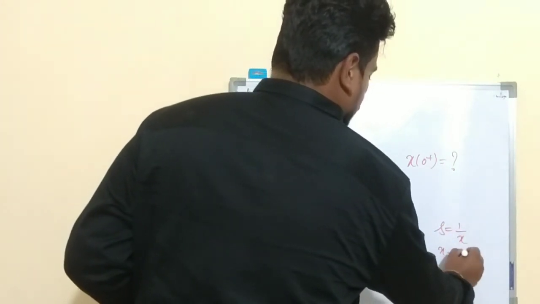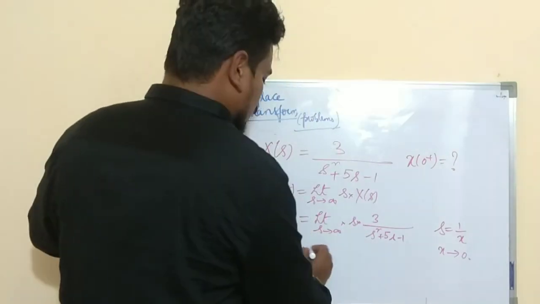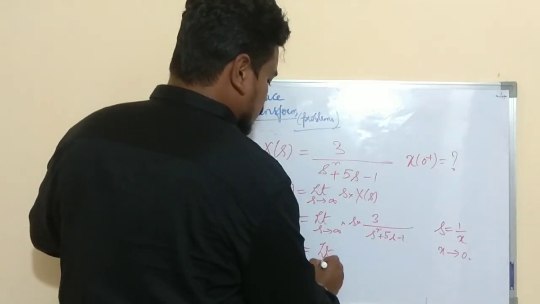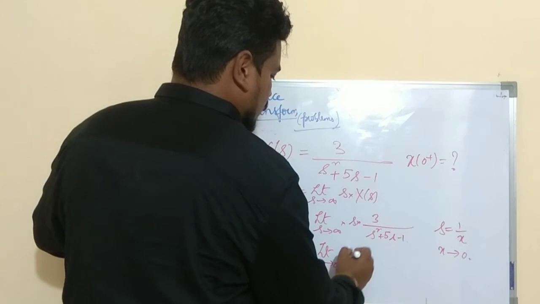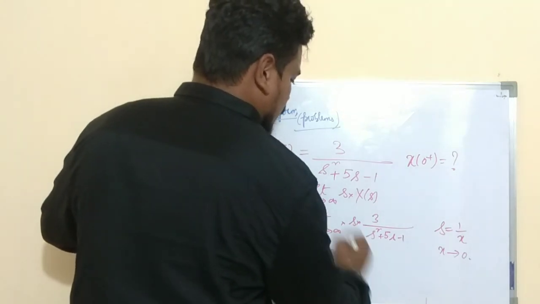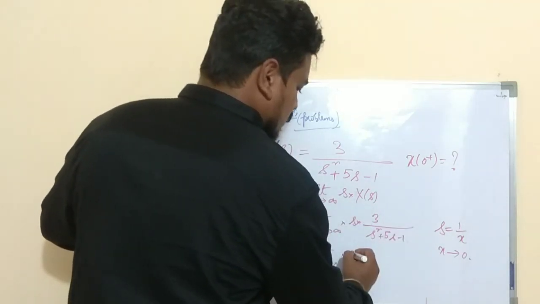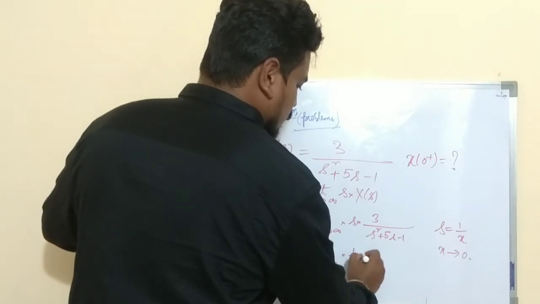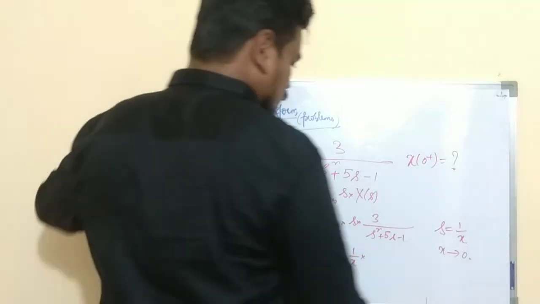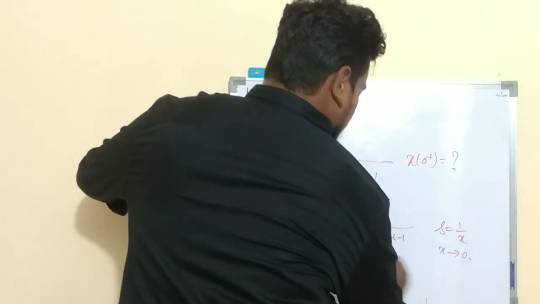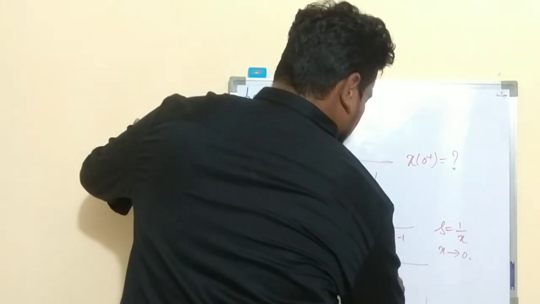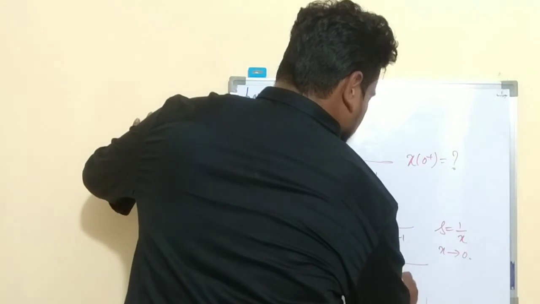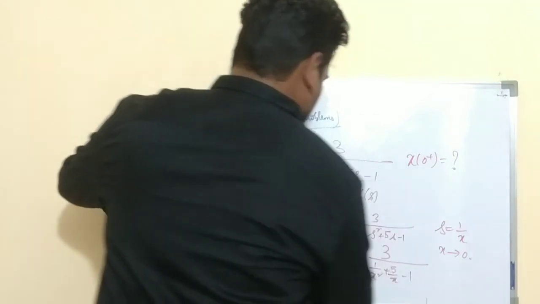Then x becomes 0, so that becomes limit x tends to 0. Again, here I am taking s square common. Then this can be written as 1 by x into 3 divided by 1 by x square plus 5 by x minus 1, right?